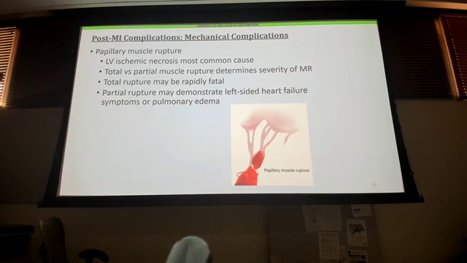And if those muscles rupture because they're dead, now you have a valve leaflet that's just flapping around in the breeze without any counter resistance. And now this patient develops an acute regurgitation, which then can lead to heart failure, cardiogenic shock, and death.